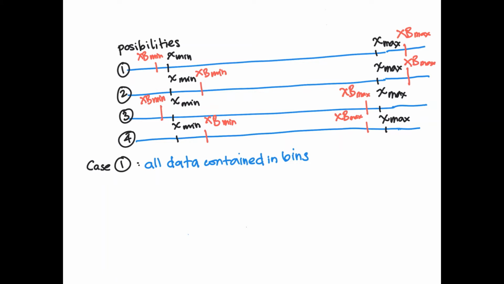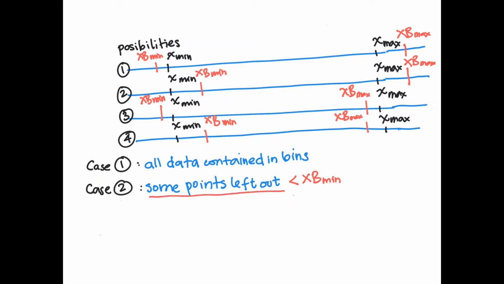These possibilities bring us to the following conclusions. First, in case one, we have all data contained in the bins that we have defined. If we follow case two, there will be some points below the XB minimum, and so some points will be left out that correspond to points smaller than XB minimum.